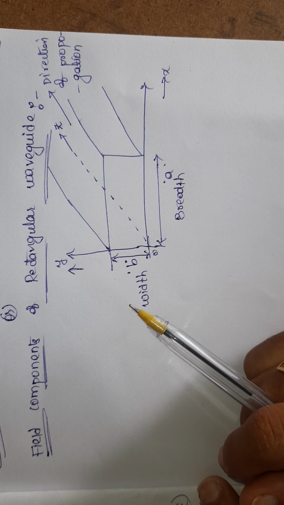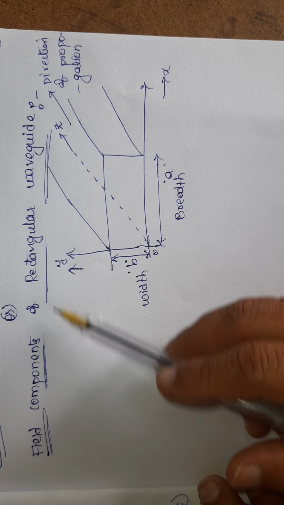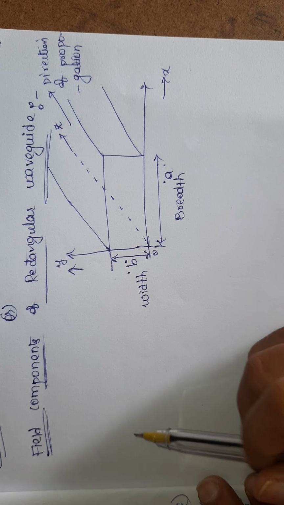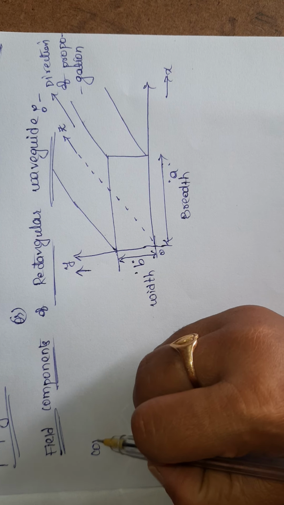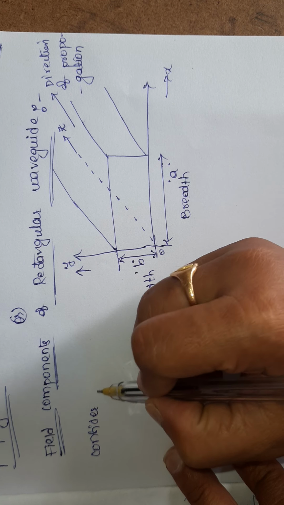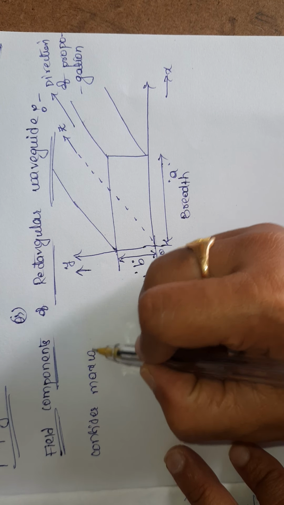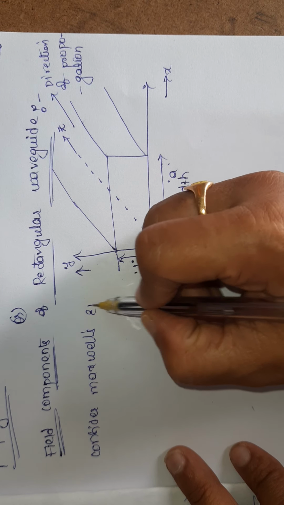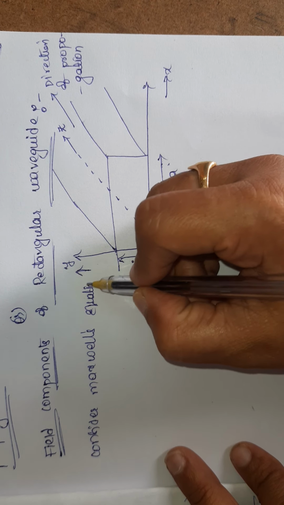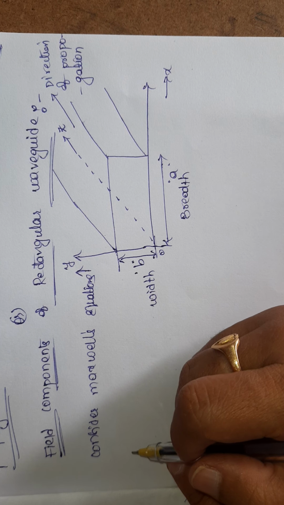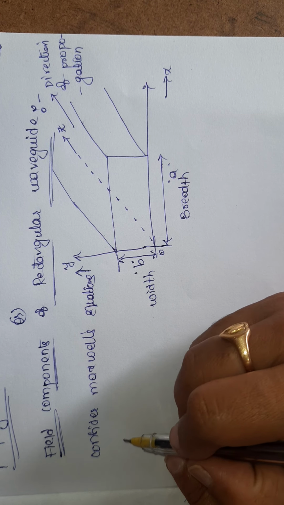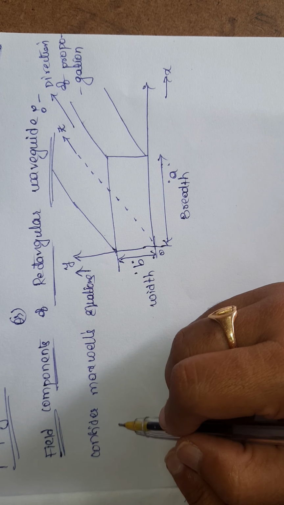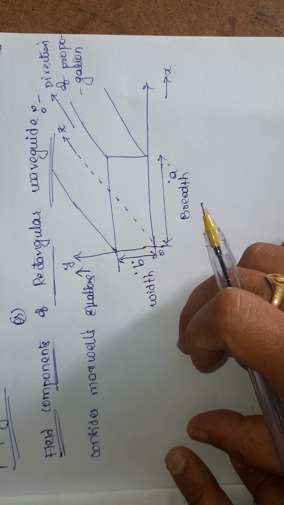To derive the field components for the rectangular waveguide, we have to consider Maxwell's equations. Two types of Maxwell's equations we have to consider: Maxwell's curl equations and wave equations.